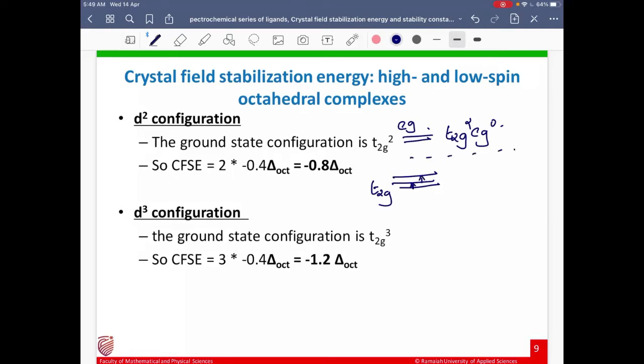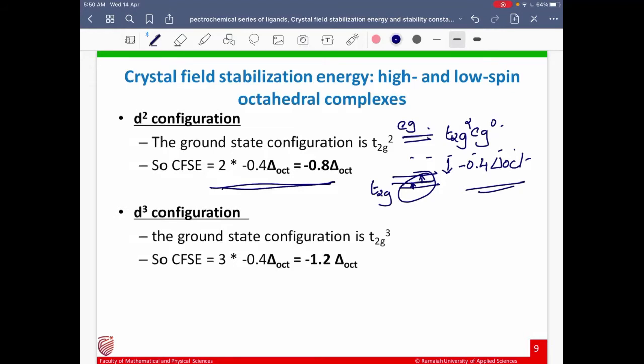The energy difference between the barycenter and t2g is minus 0.4 delta octahedral. So the total crystal field stabilization energy we can write as 2 into minus 0.4 delta octahedral, which is equal to minus 0.8 delta octahedral.